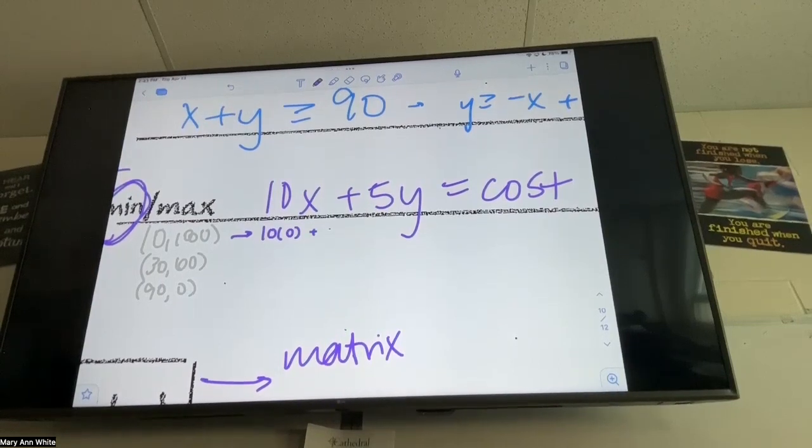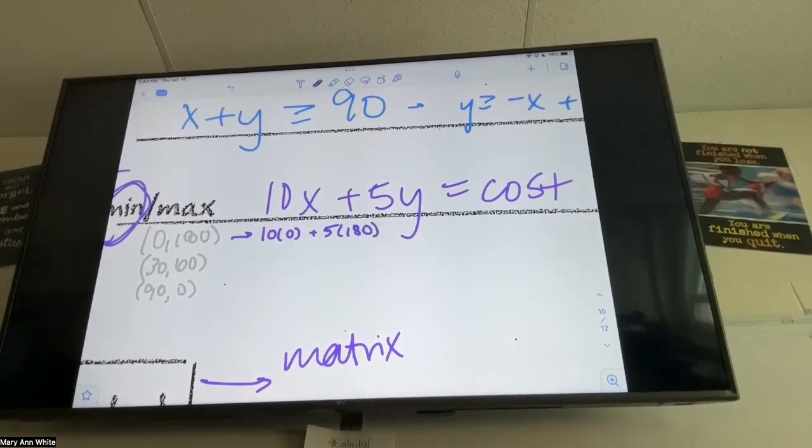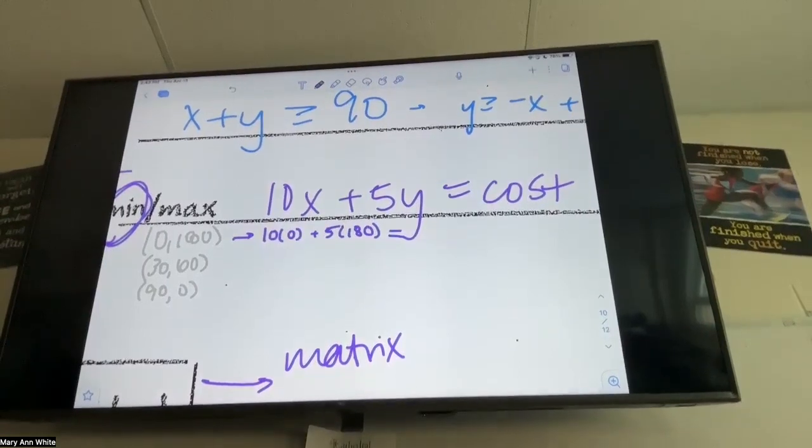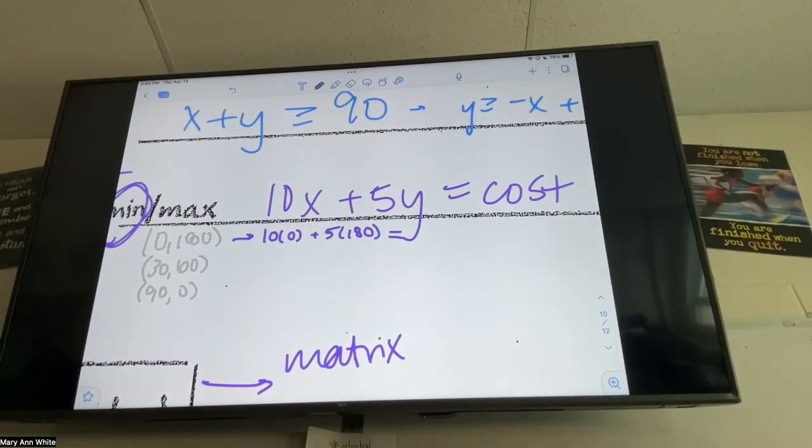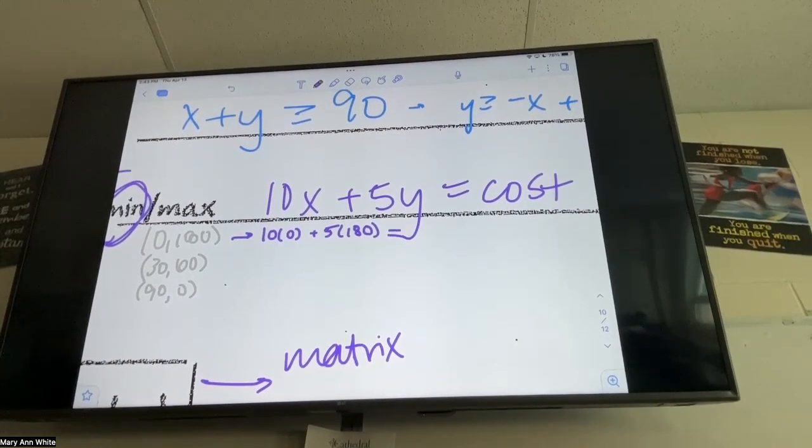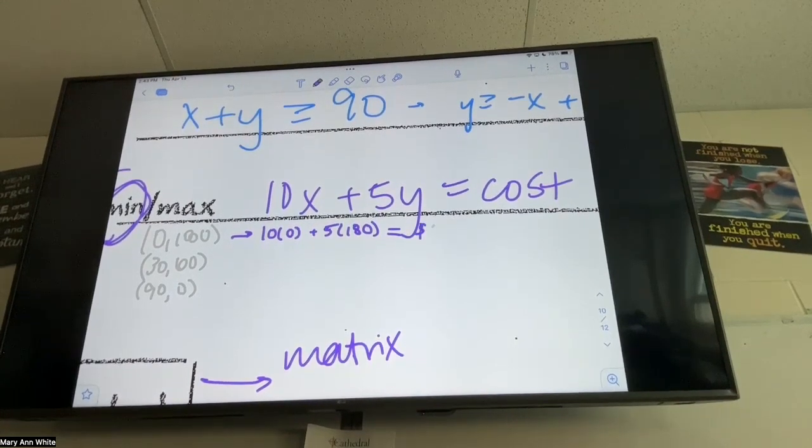10 times 0 plus 5 times 180. You don't necessarily need to show me the work like I'm showing you right now, but sometimes I find it helpful to keep track of everything. That first one is going to be 900. 10 times 30 plus 5 times 60.